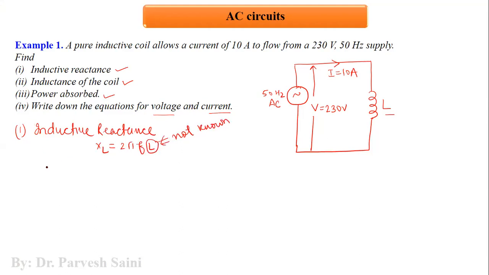So we use the simple concept V is equal to I XL, or XL is equal to V by I. By using this equation, we find the inductive reactance is 23 ohm, because reactance is measured in ohms.